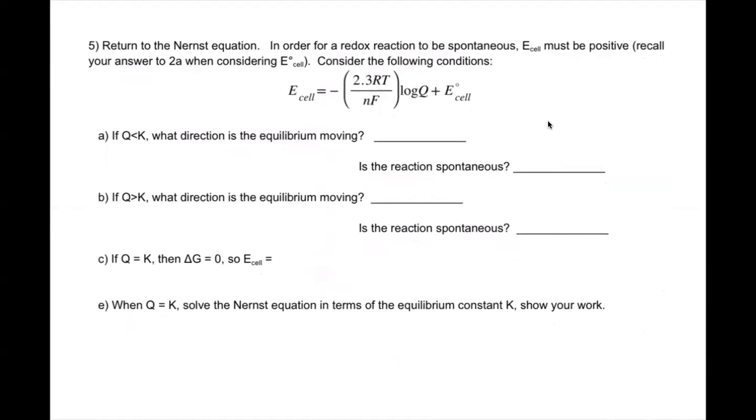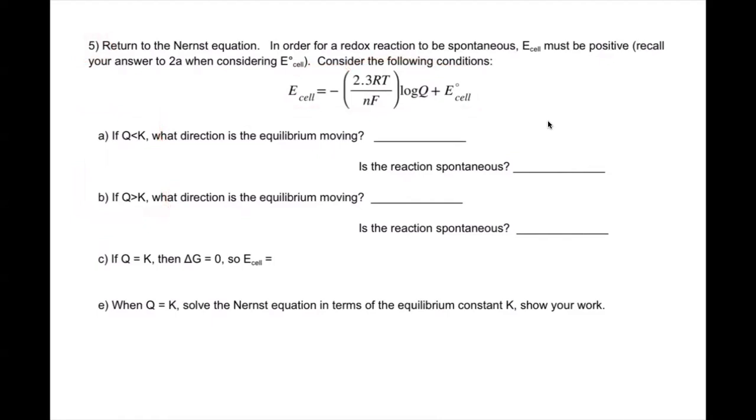So in question 5, we're again going to look at the same equation, which you've already done some manipulation with. For A and B, you don't even really need the equation. This is just from our previous knowledge.